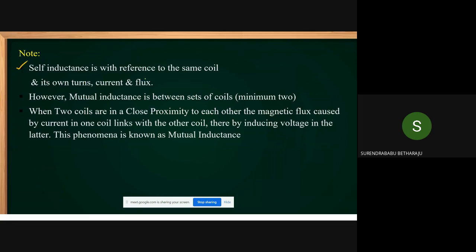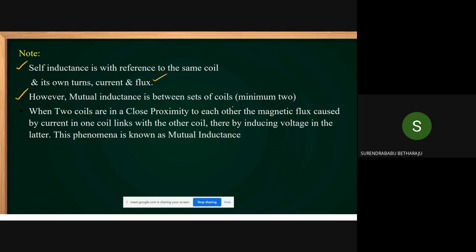Self-inductance is with reference to the same coil. We know how to define self-inductance and mutual inductance. Self-inductance is with reference to the same coil and its own turns, its own current and flux. However, mutual inductance is between a set of coils.